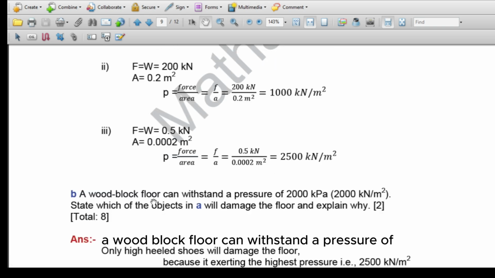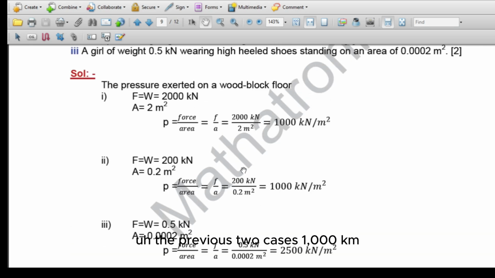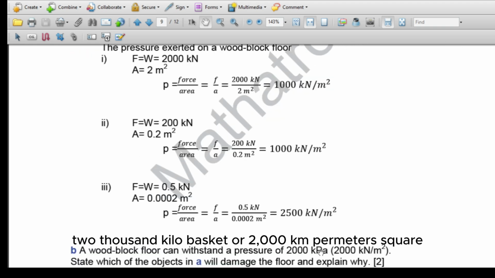A wood block floor can withstand a pressure of 2000 kilopascal or 2000 kilonewtons per meter square. State which of the objects in A will damage the floor and explain why. In the previous two cases, 1000 kilonewtons per meter square is the same and less than 2000 kilopascal.